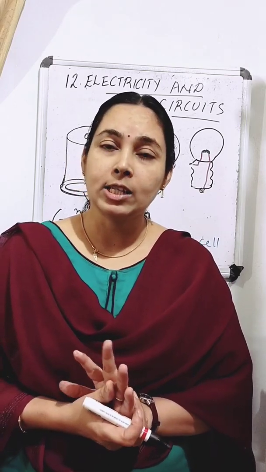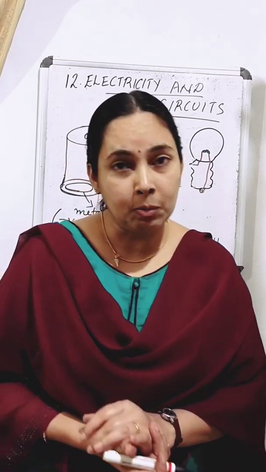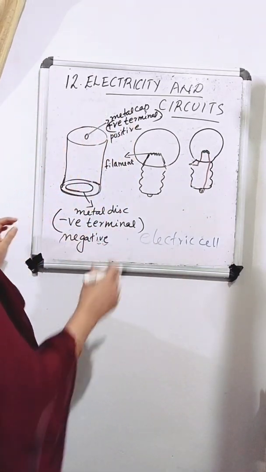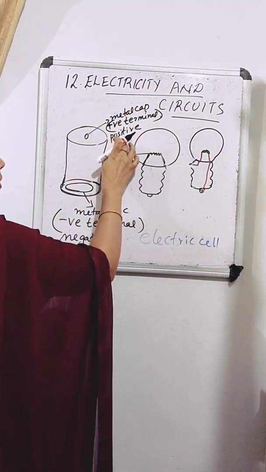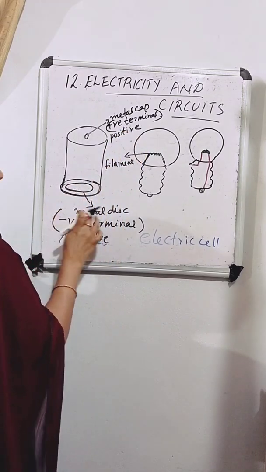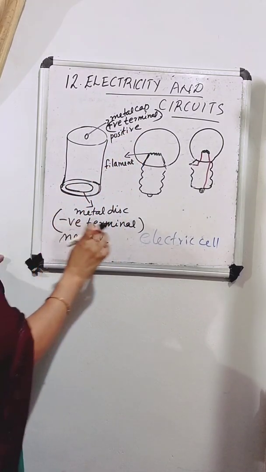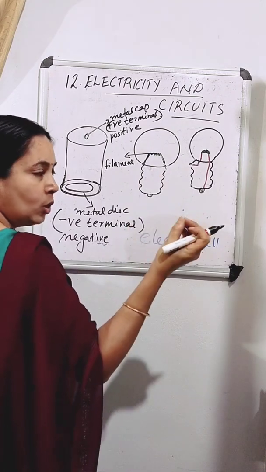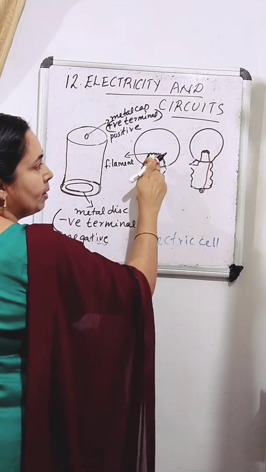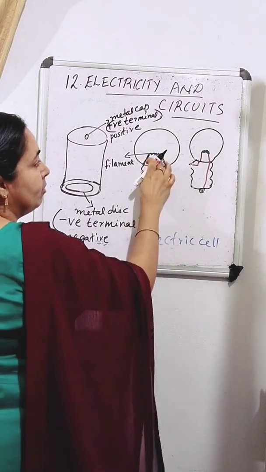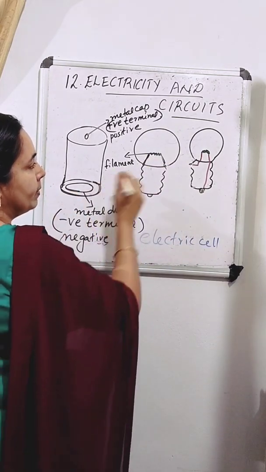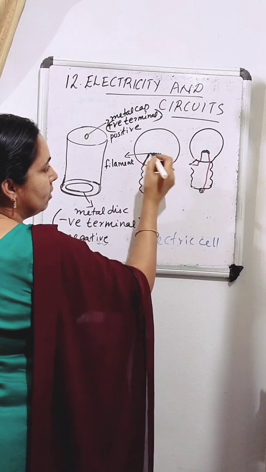So the electric cell has two terminals. The torch bulb also has two terminals. In the electric cell, the metal cap on one side is the positive terminal and the metal disc at the bottom is the negative terminal. And in a bulb, which part is glowing? The thin filament in the middle is the glowing part. It is connected to two thick wires.